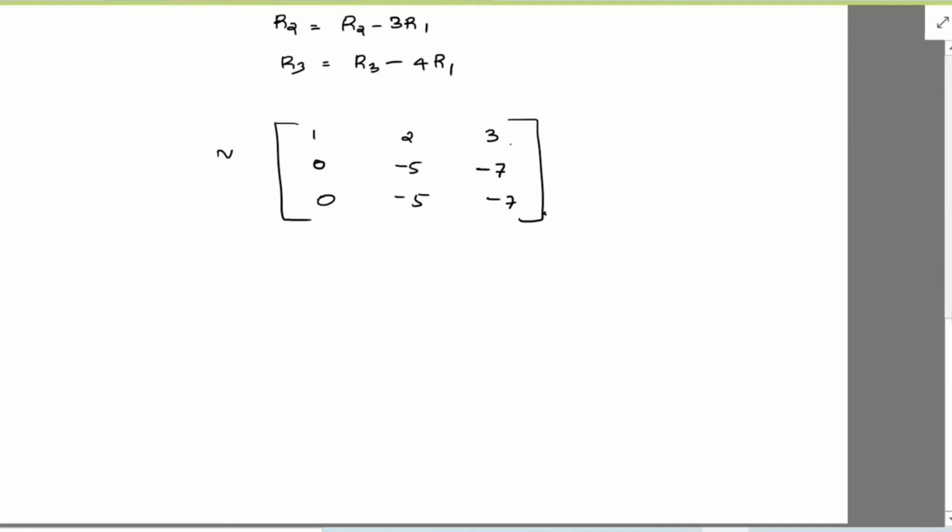So what is the next step? You have to tell me what is the next operation we can apply. Divide the second row by minus 5.